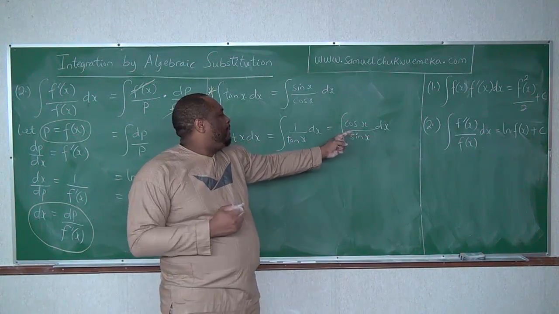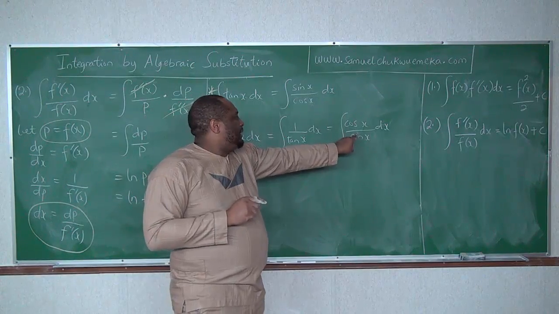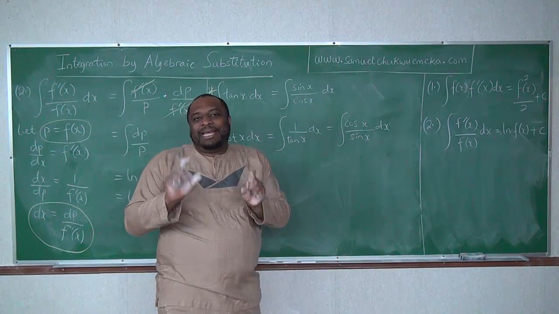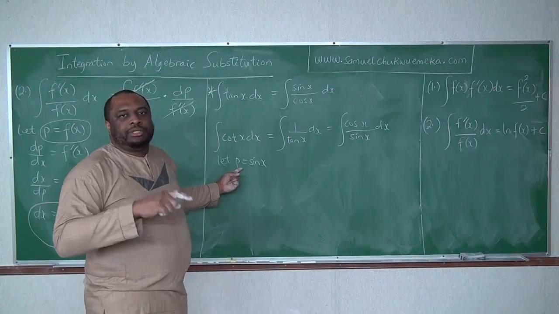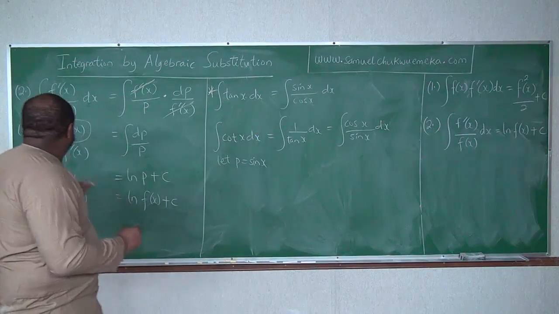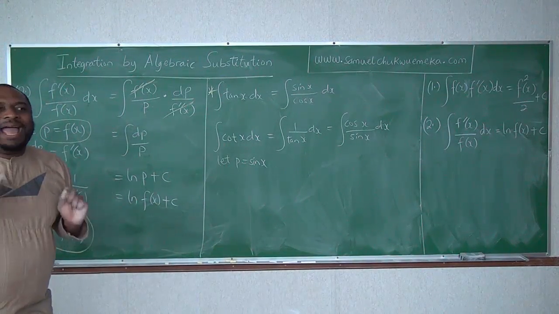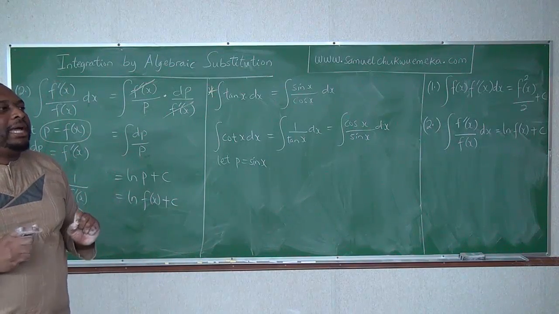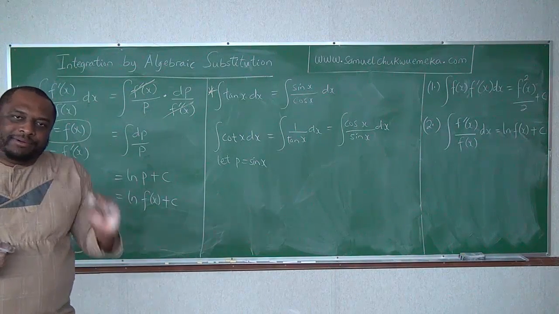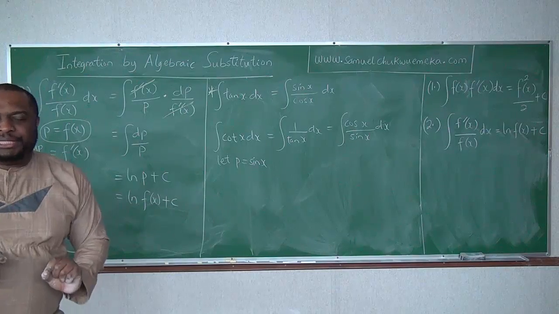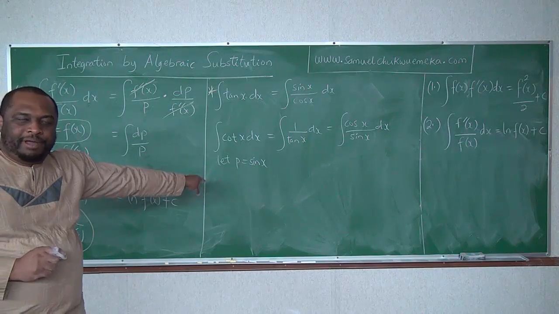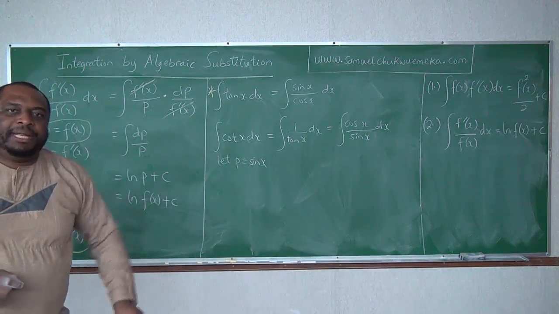Anytime you have it such that the numerator is the derivative of the denominator, then you substitute the variable to be the denominator, just like we did here.